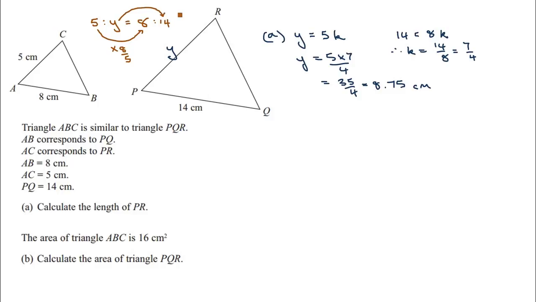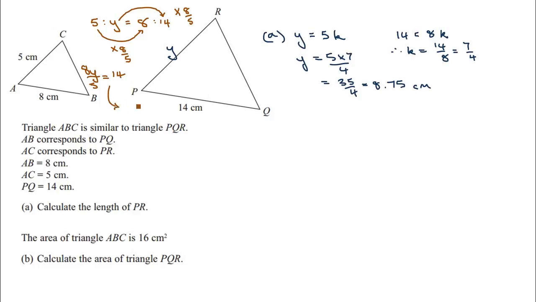Again, multiplying by 8/5. So y times 8/5, or 8/5 of y, equals 14. I'm running out of room here, but here we go.